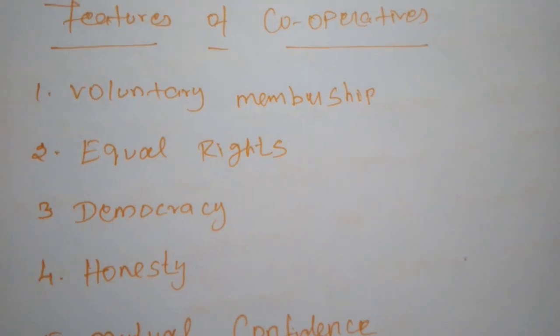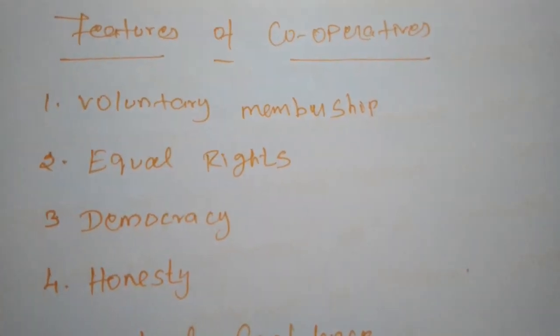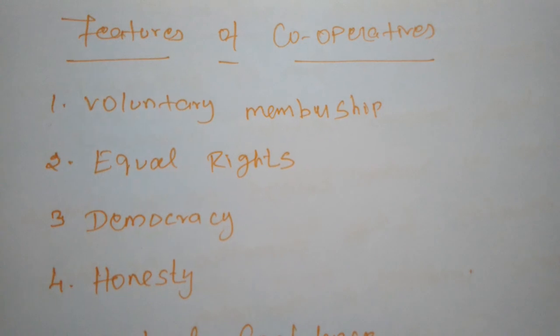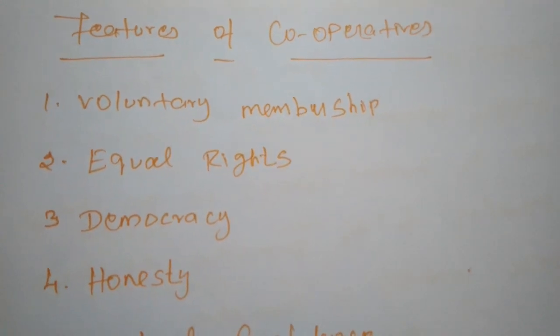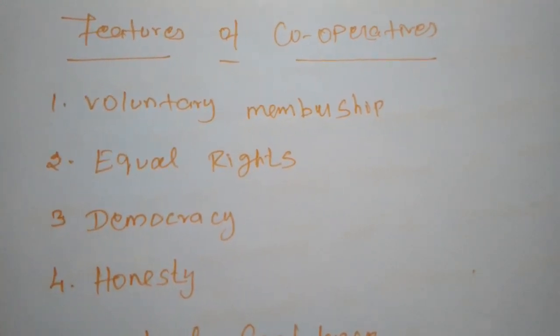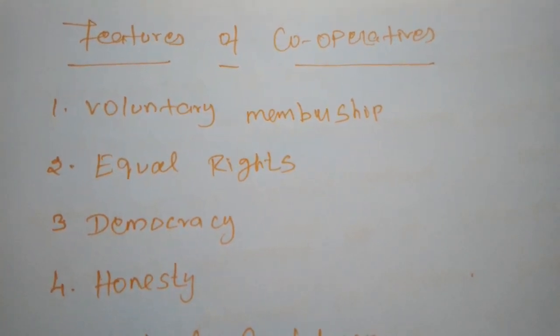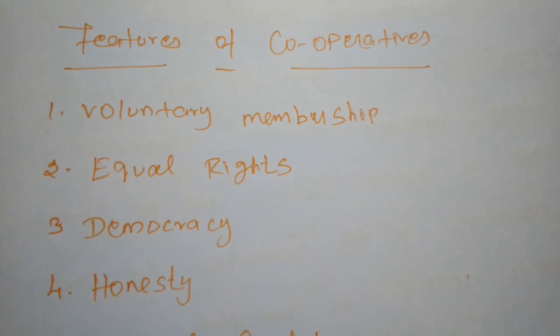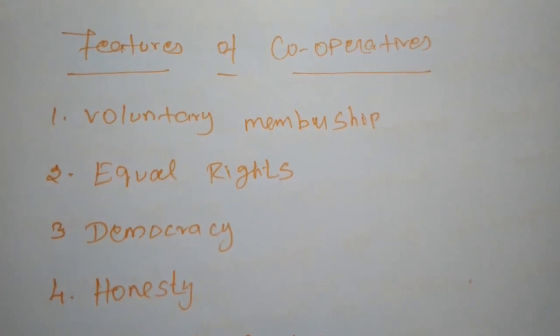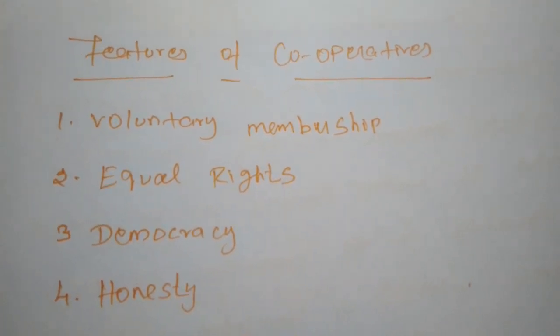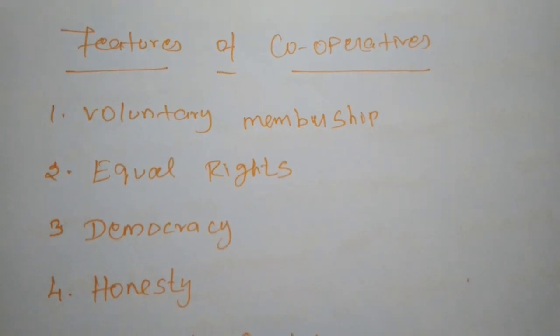Next, equal rights. In these cooperative organizations, all the members have equal rights. We have already studied joint stock companies. All the people who hold shares are shareholders, and on the basis of the number of shares, every member has voting rights.